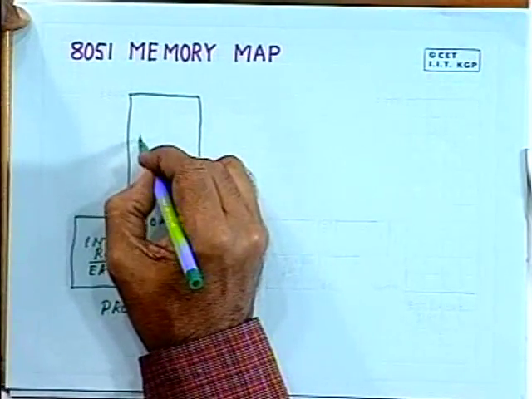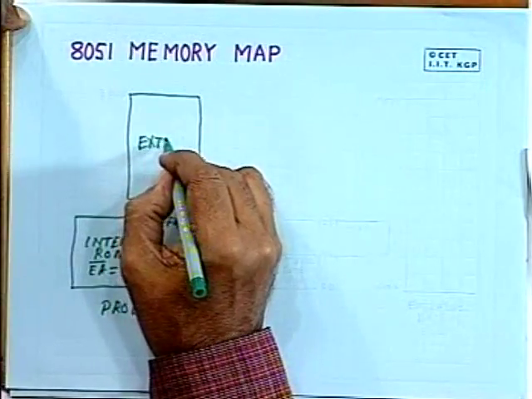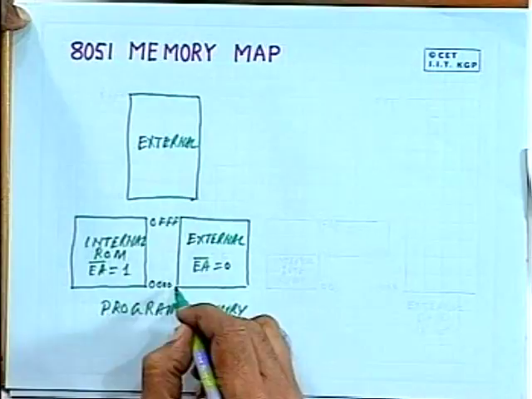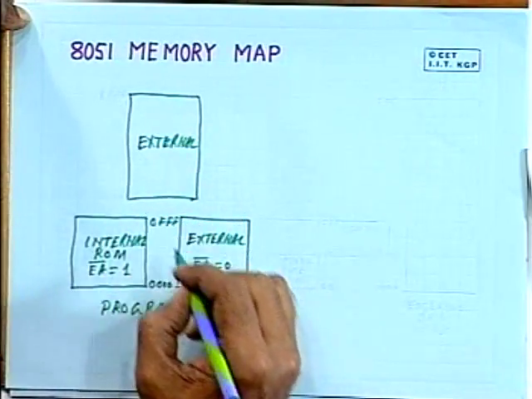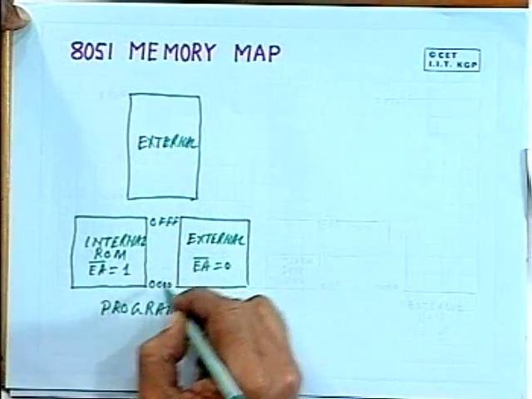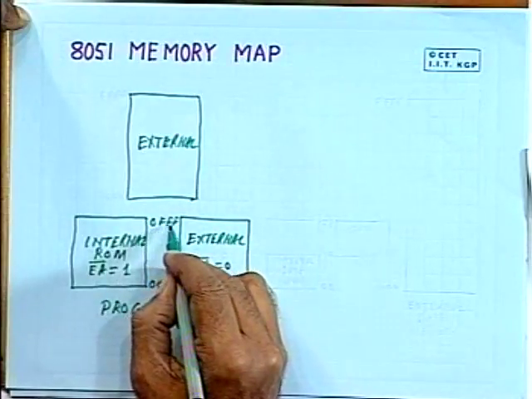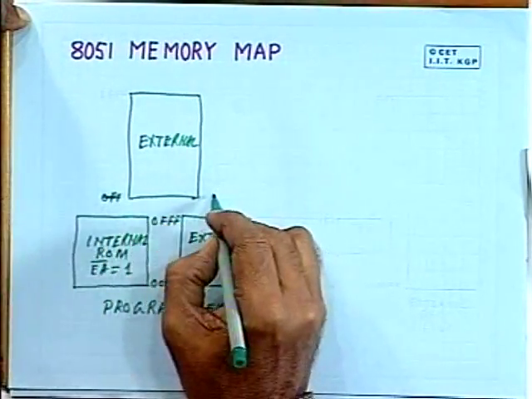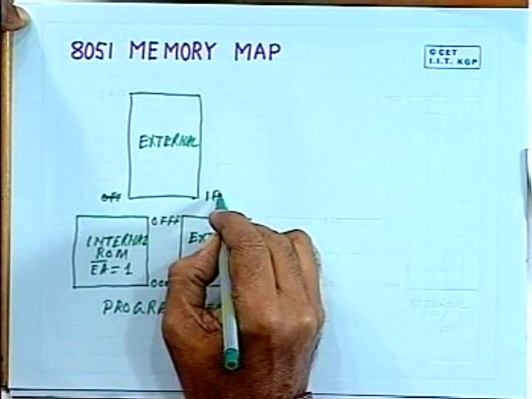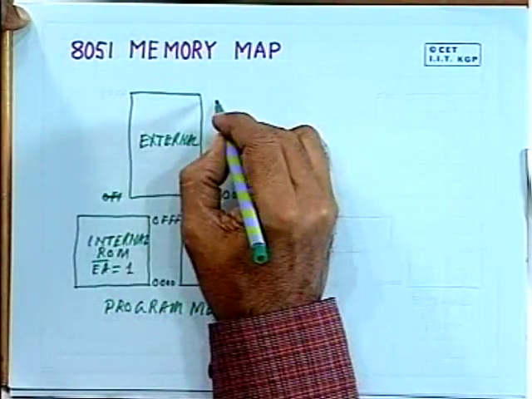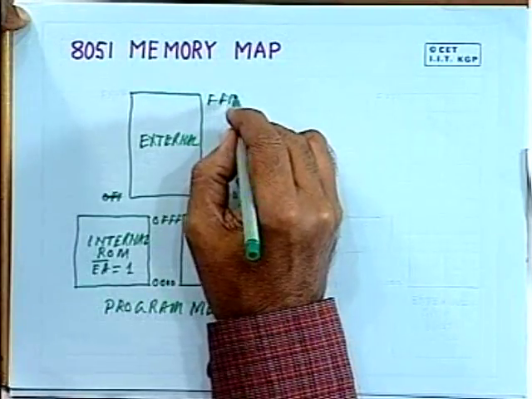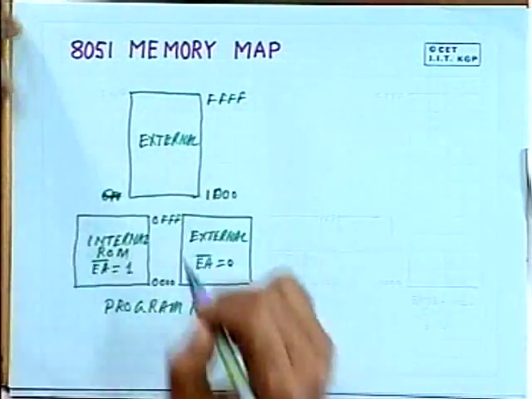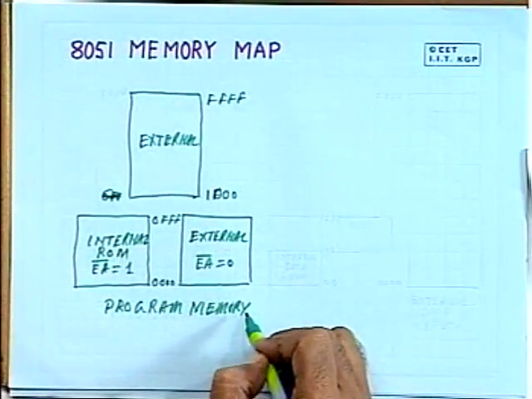So your external ROM can be from 0000 to FFFF, and here this is one part from 0000 to 0FFF, and also from, sorry, it will be from 1000 to FFFF. This is your external ROM, which is used for program memory.